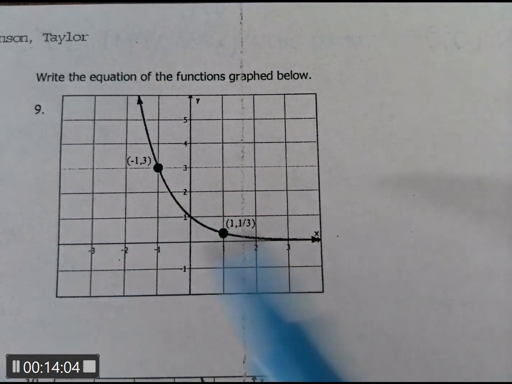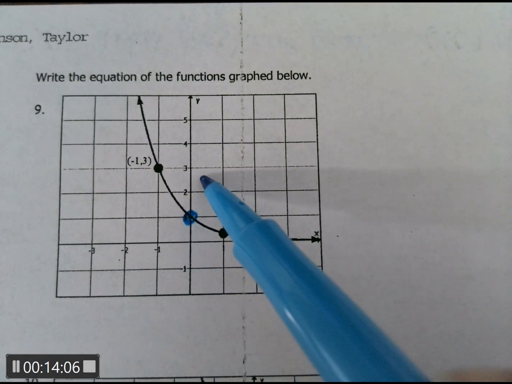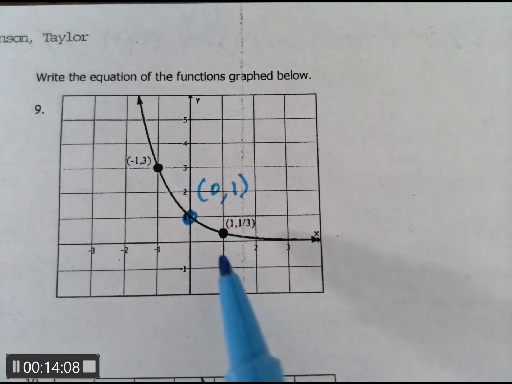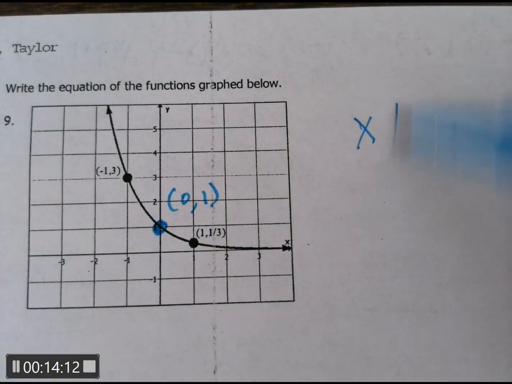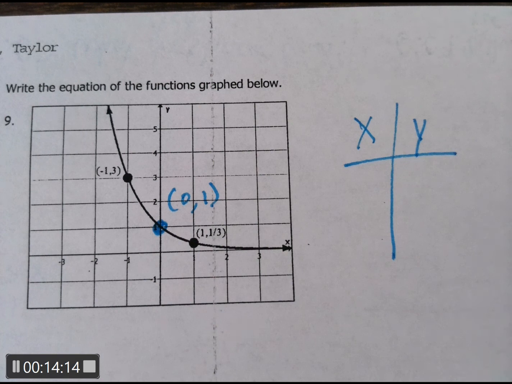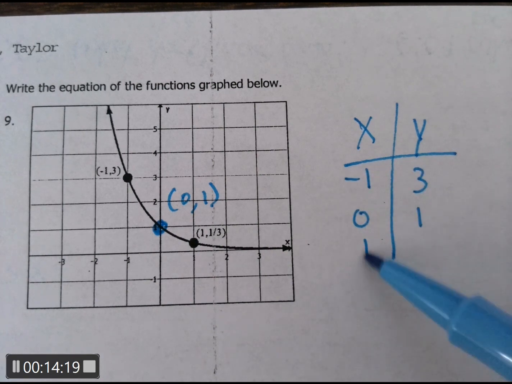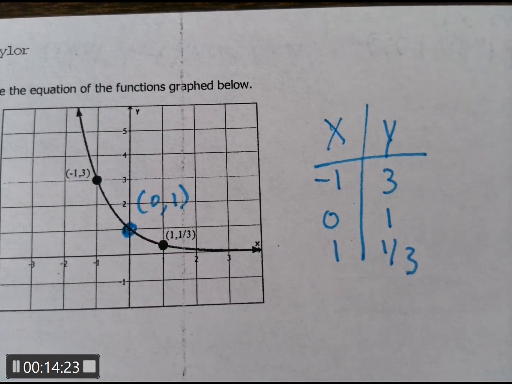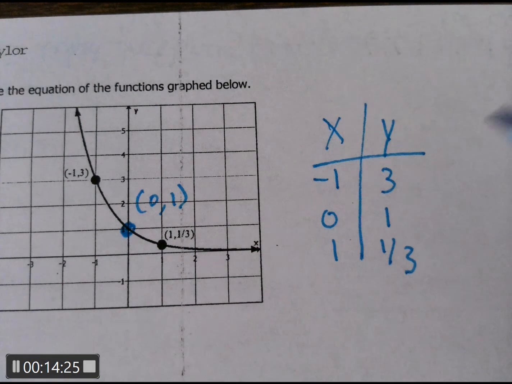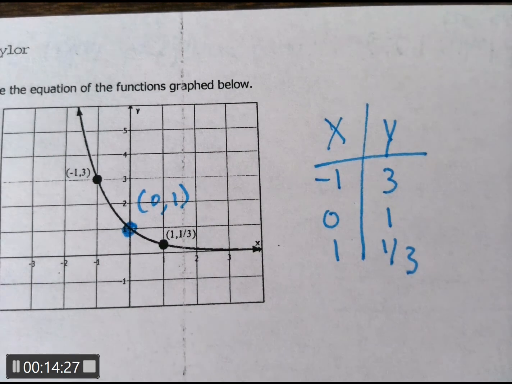We also have a pretty point at 0, 1. And we have the point 1, 1/3. So to the side, we're going to make our xy table of values. And we're going to put negative 1, 3, 0, 1, and 1, 1/3. And then we're going to check out what we multiply by 3 to get to 1.